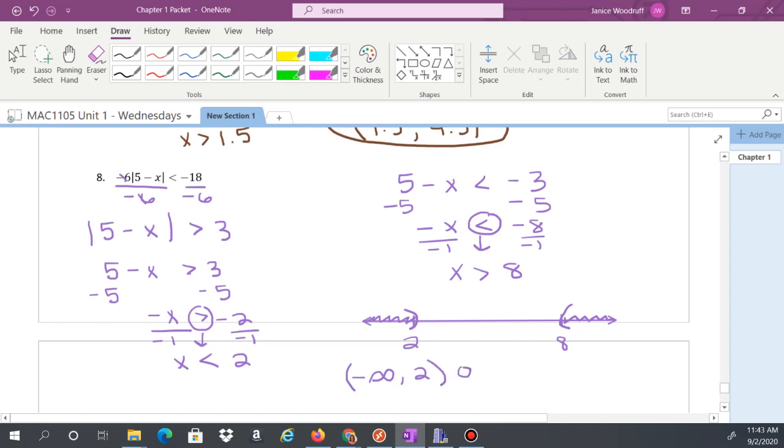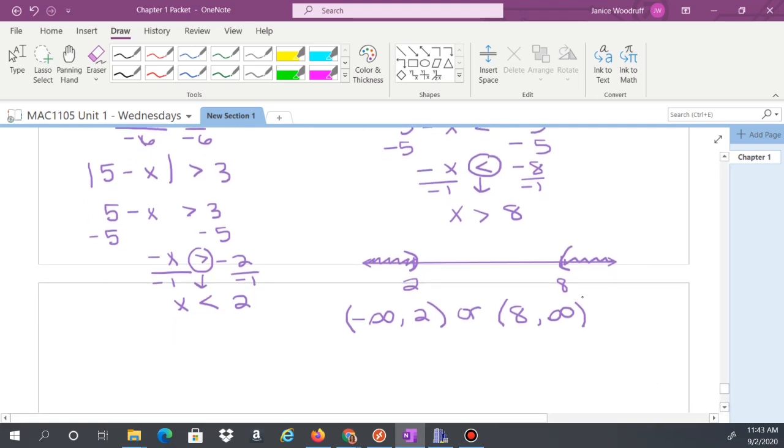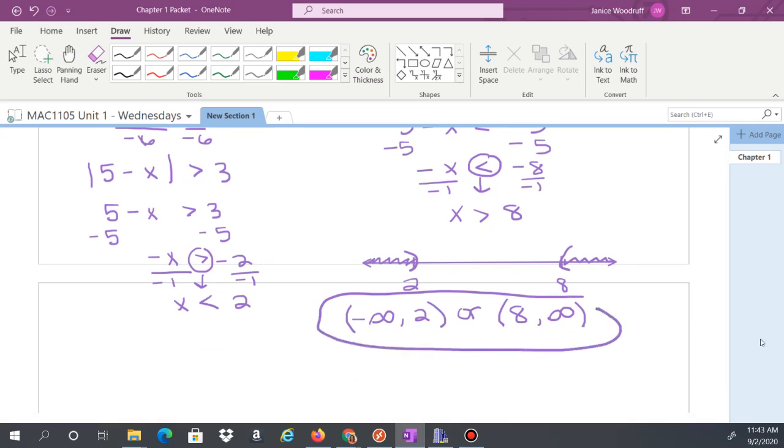Your union symbol, or just write or. 8 to positive infinity, parentheses. And that's it. So 1.7 is not too bad at all.